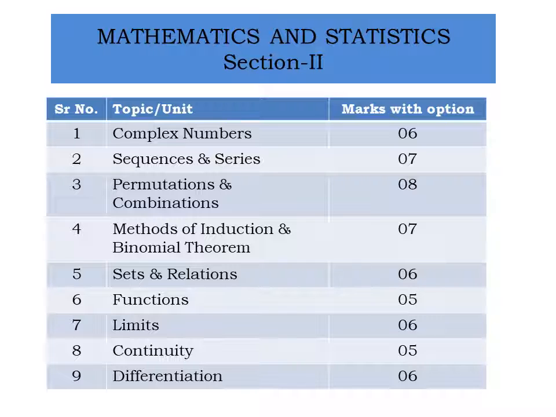In the last lecture, we saw an introduction to all the topics and units, and the marks and weightage of all the chapters. In this lecture, I am going to start the first unit, that is, the first chapter of part 2 of mathematics, that is complex numbers.